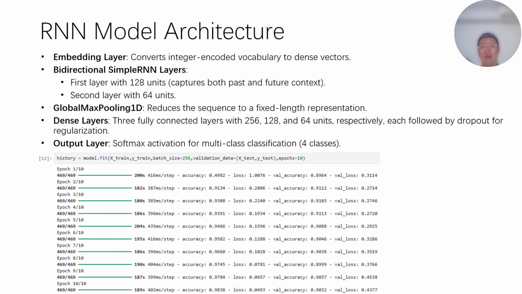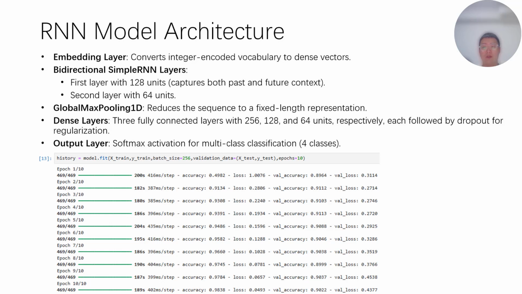After processing the sequence through the RNN layers, we apply global max pooling 1D. This operation reduces the sequence of words to a fixed-length representation by selecting the maximum value for each feature across the sequence. We then have three fully connected layers with 256, 128, and 64 units.